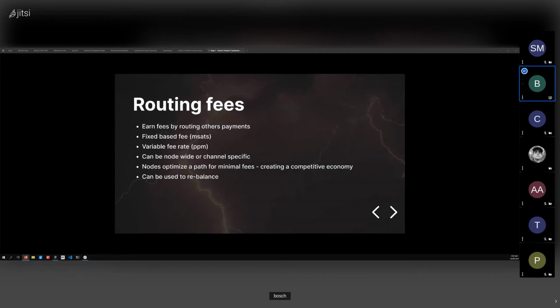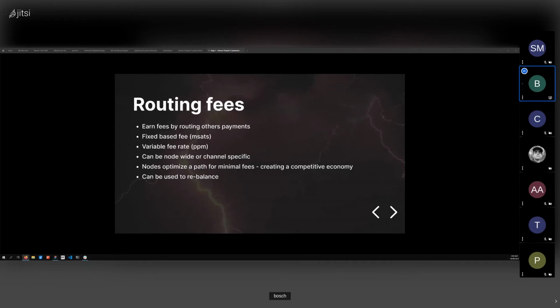And something as well that I wasn't completely aware of when I first started playing around with Lightning is that you can have a variable base fee and variable fee rate for your whole node, or you can set it on a per channel basis. Say you have a channel with a lot of large capacity, which is maybe more valuable for people because it can route larger payments.